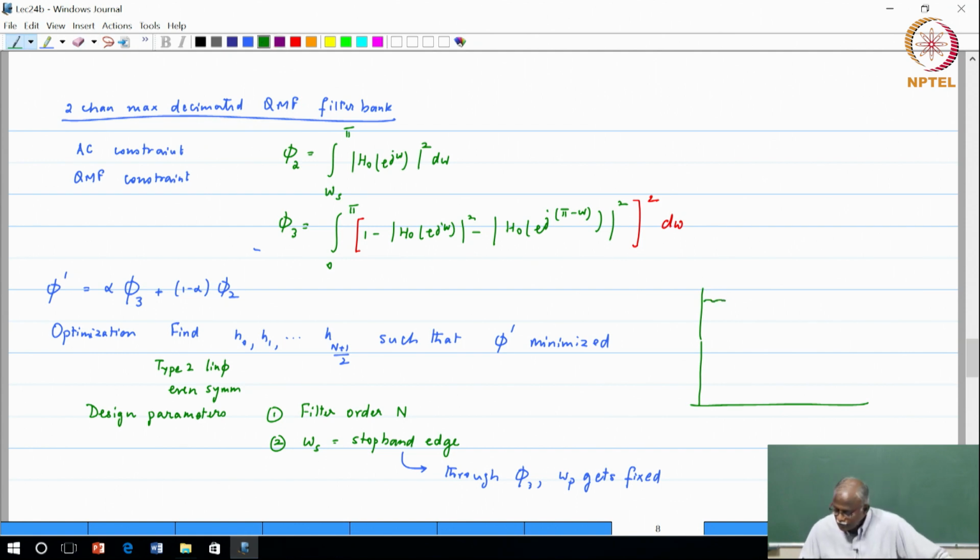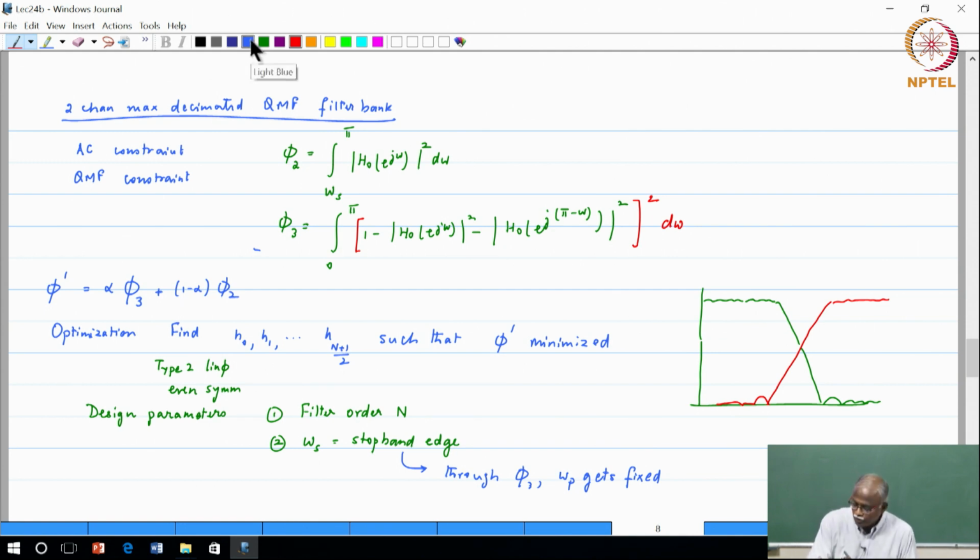Some ripple in the pass band, and then, okay, if I draw the shifted version, it is going to look identical, because it is the original filter shifted.